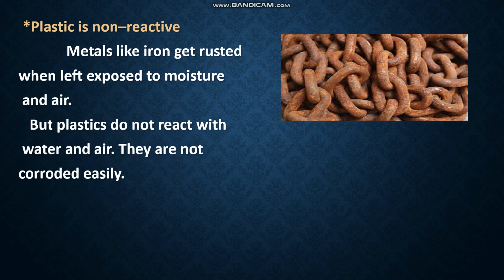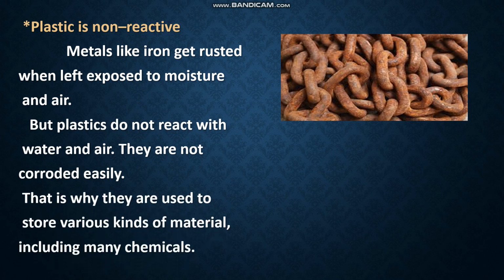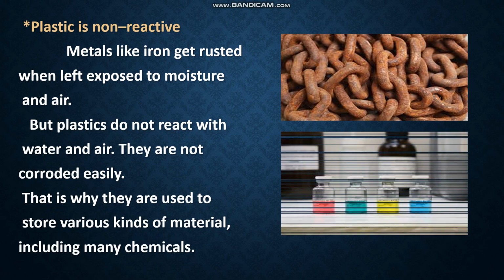Metals like iron get rusted when left exposed to moisture and air, but plastics do not react with water and air. They are not corroded easily. What is meant by corroded or corrosion? Destruction. Rusting is an example of corrosion of iron. That is why they are used to store various kinds of materials, including many chemicals.